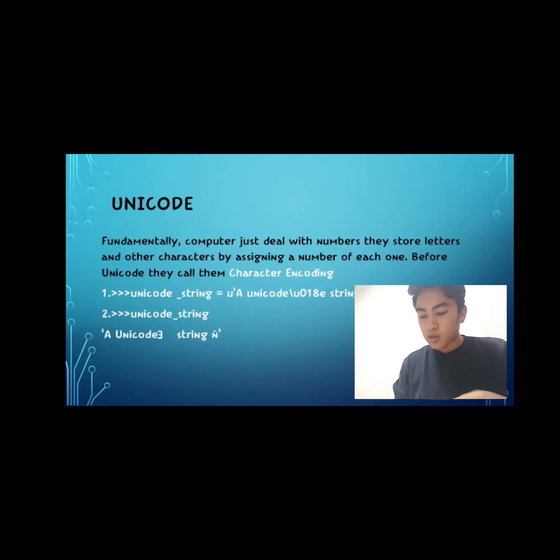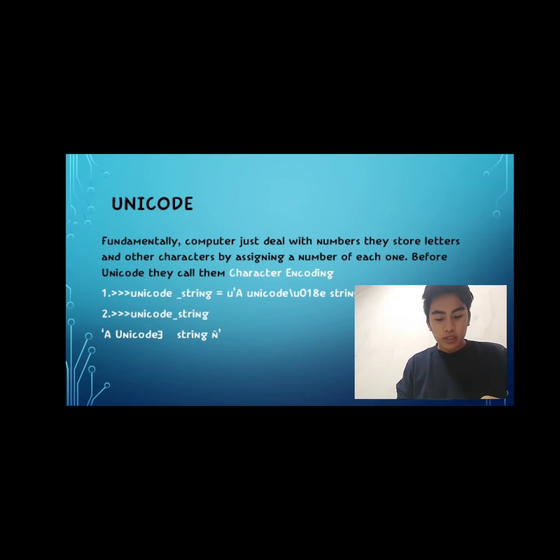Unicode: fundamentally, computers just deal with numbers. They store letters and other characters by assigning a number to each one. Before Unicode, they called it character encodings. So before the name Unicode, ang phrase name po niya is character encoding.